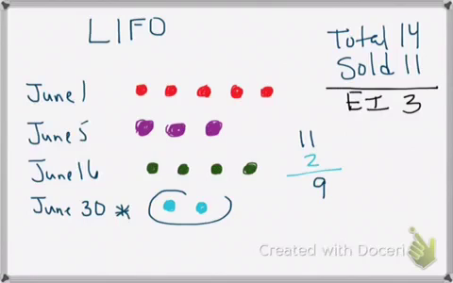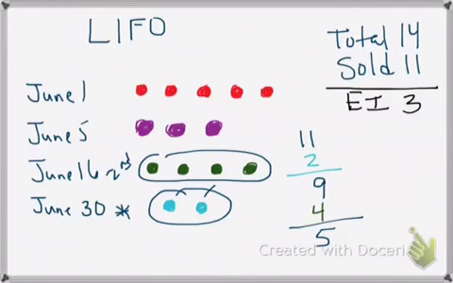So we've sold these. Next, the second thing we're going to sell is going to be these green units. So we get to the green, we have 4 of those. We're going to sell all 4 of those units, and that's going to leave us with 5 left to sell. And then we move up, and the next ones we sell are these purple units.